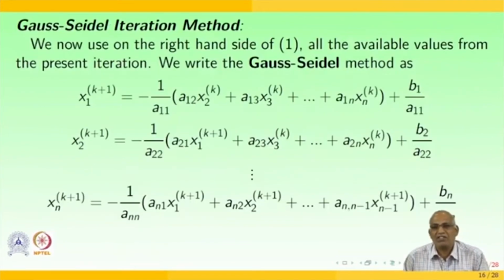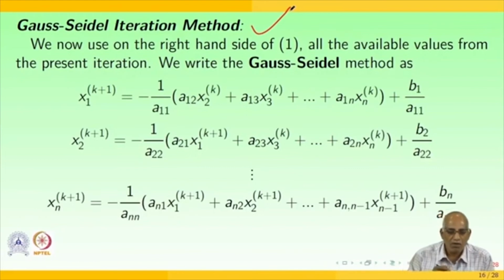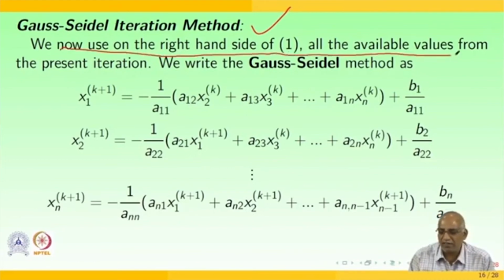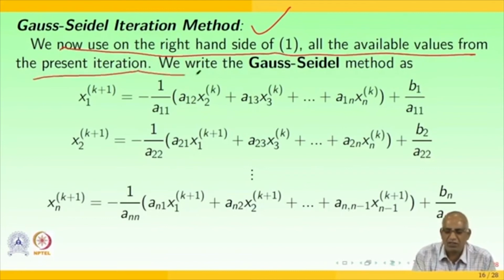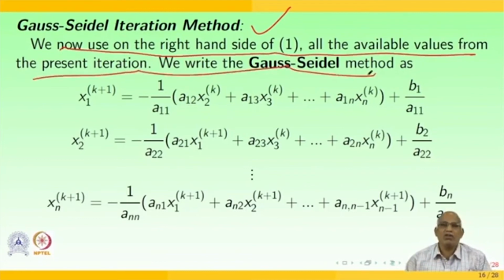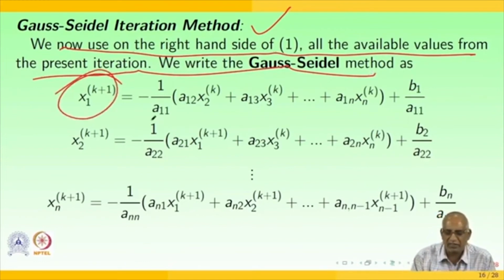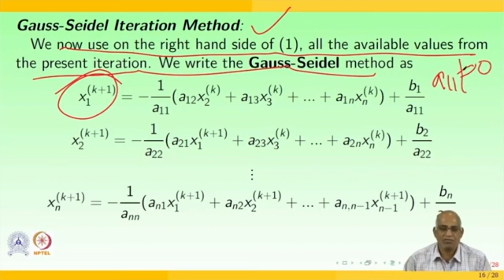Now, in a similar fashion, if you look at the Gauss-Seidel iteration method, we now use the right side vector of 1 and the available values from the present iteration. So, whatever is available, we use it and try to iterate. That means x1 of the k plus 1th iteration is, so push everything to the right side, where this a11 is assumed to be free from 0.